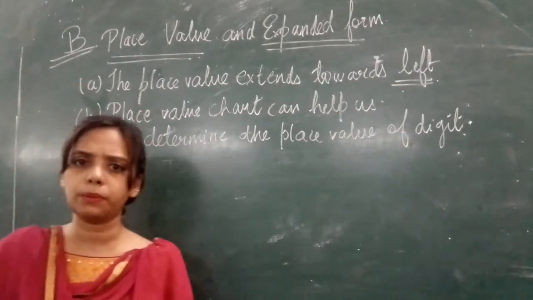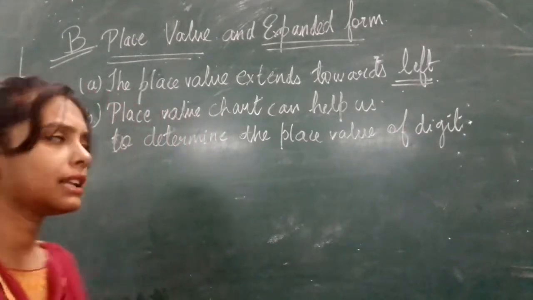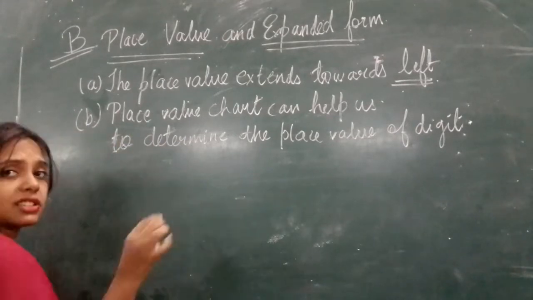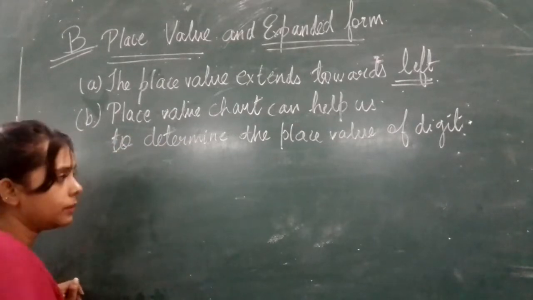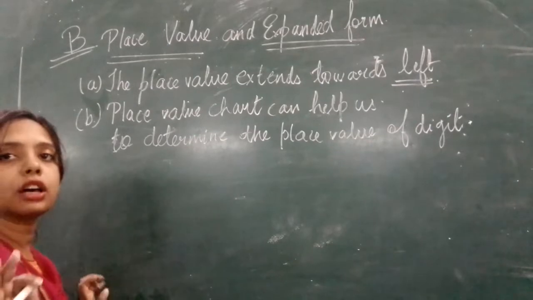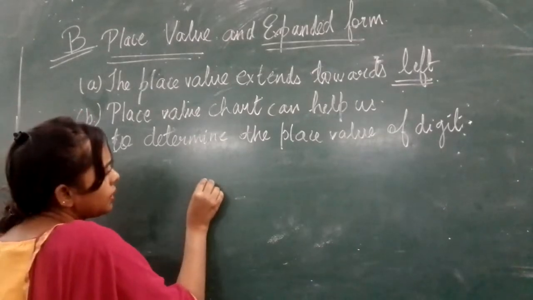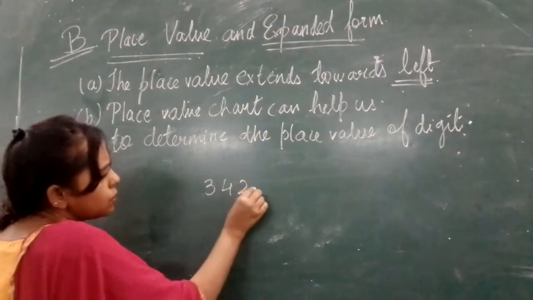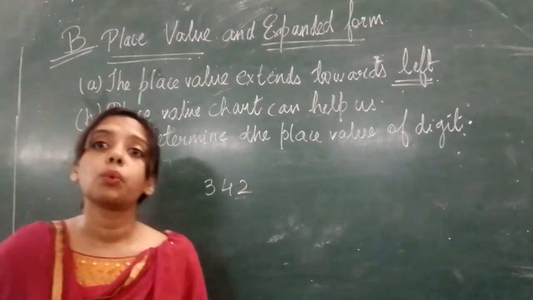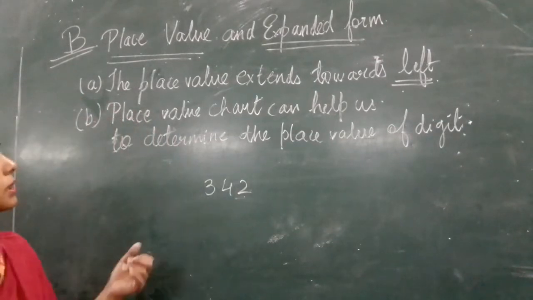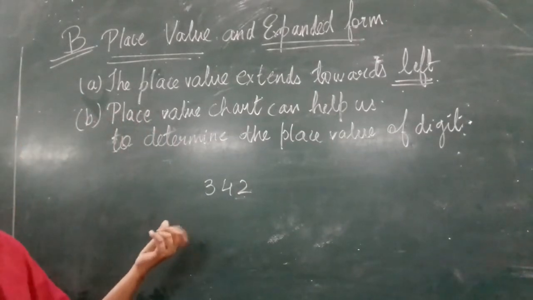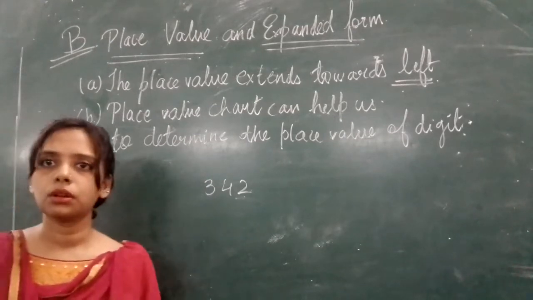Now, how will this help you? Now, see, suppose I'll give you a number. This is just an example, okay? This you will not find in your textbook. Suppose this is the number 342. Now, if I ask you what is the place value of the digit 4, what will you do?